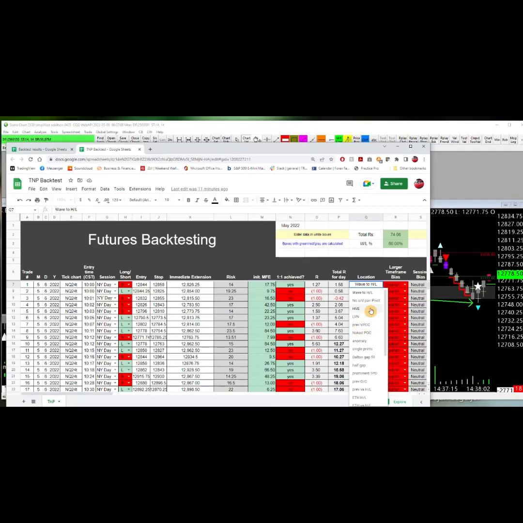So things like returning to the wave high or low, maybe a no supply demand pair pivot, high volume edge, low volume node, the previous VPOC, maybe a naked POC, an anomaly, single prints, Dalton's gap fill, the half gap, a prominent TPO, previous open or close, previous value area high or low, the previous ETH high or low, ETH's value area high or low.